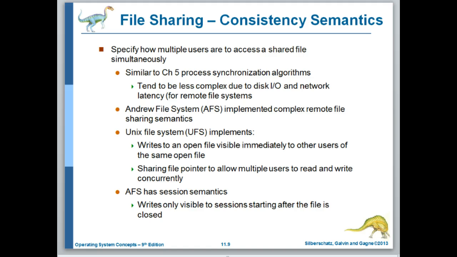Does it become visible immediately, meaning that there's in some sense a single global version of the file, or is its visibility delayed, meaning in some sense there are multiple local copies of the file?